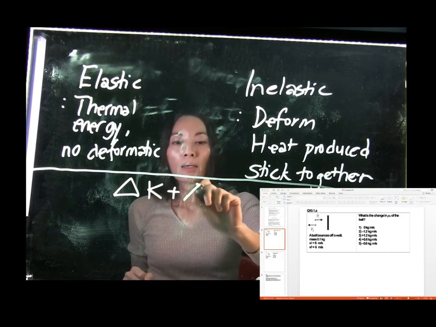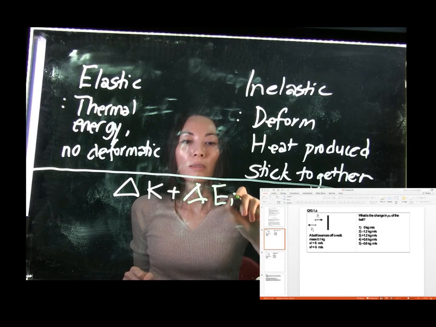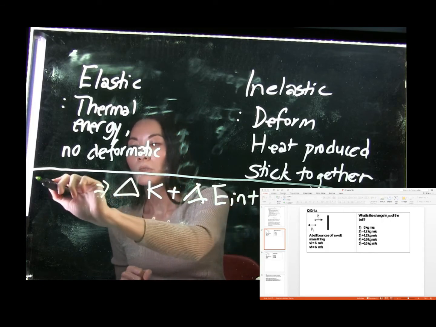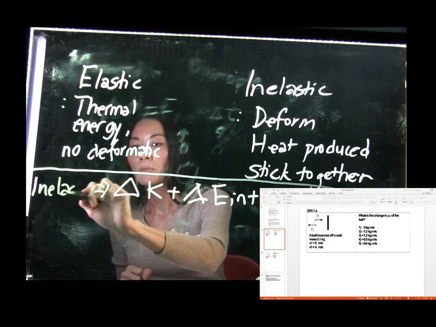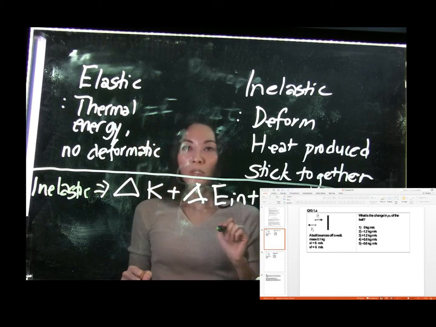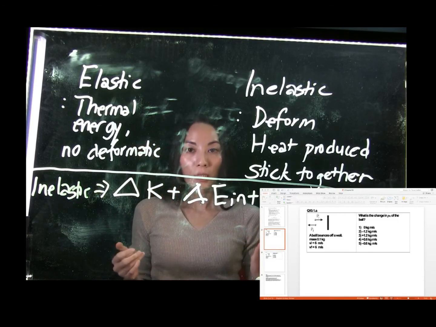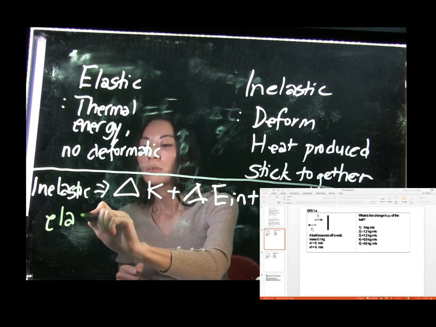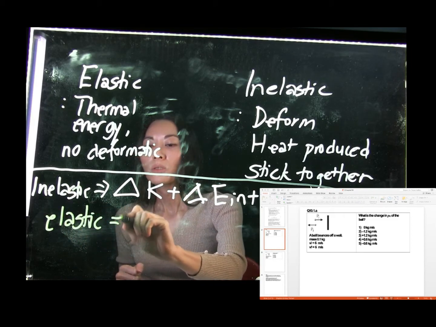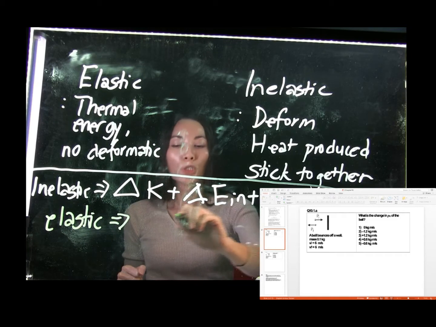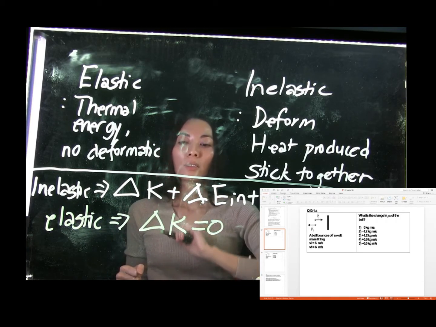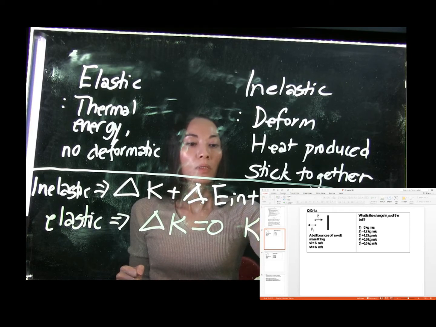But we do have a change in the internal energy of the system. This is for inelastic collision, where there is a change in the internal energies, such as heat or deformation. But if we have an elastic collision, there will be no change in internal energies, and kinetic energy is conserved.